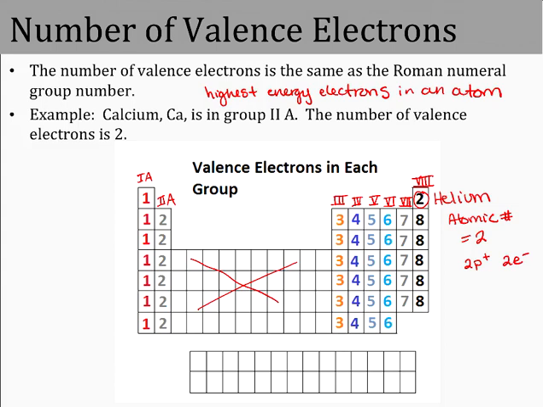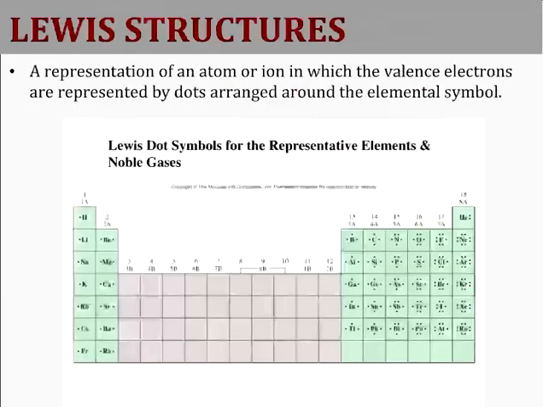Now, one way that we can represent valence electrons is with Lewis structures. This is a representation of an atom or an ion, which we'll talk more about in a second, in which the valence electrons are represented by dots arranged around the elemental symbol.